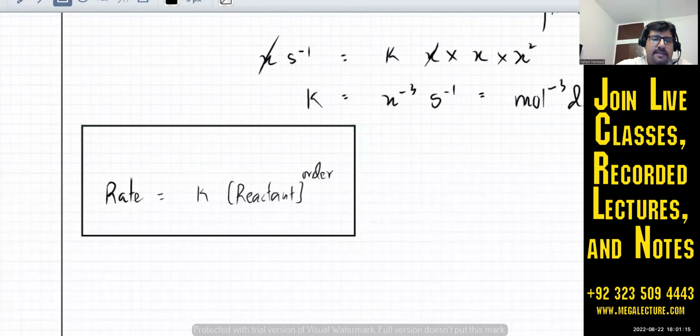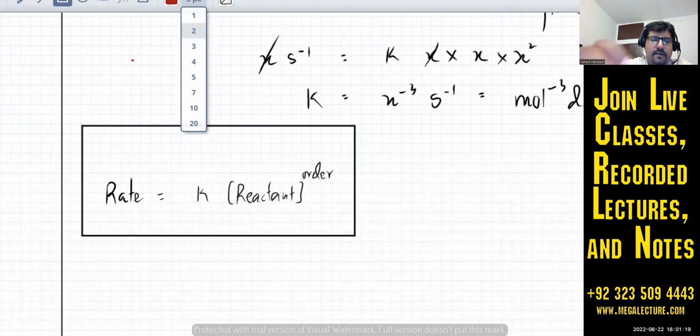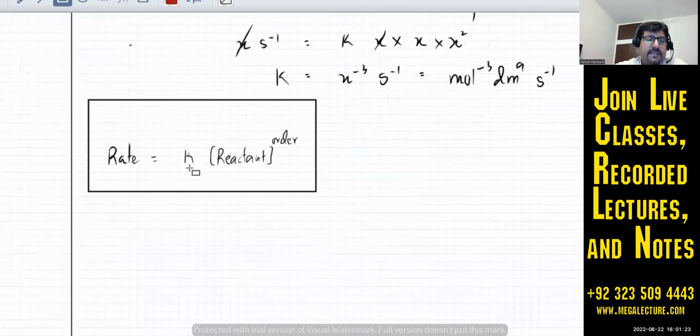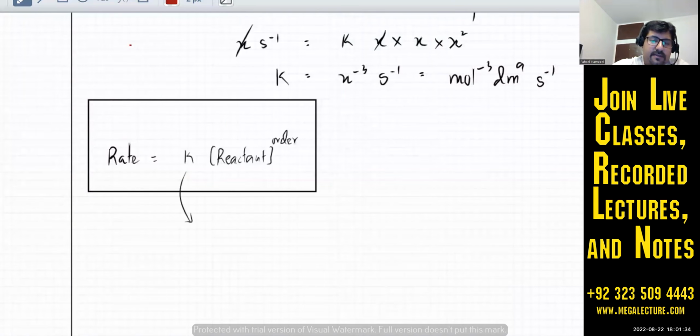Remember this: K is a constant, but there's one specific thing that changes the value of K, and that's temperature. K increases with temperature. Remember that.